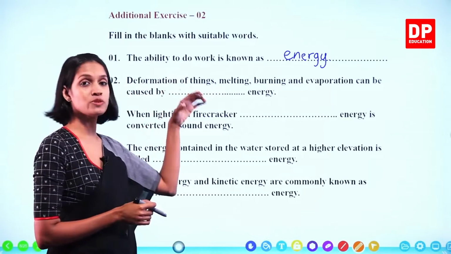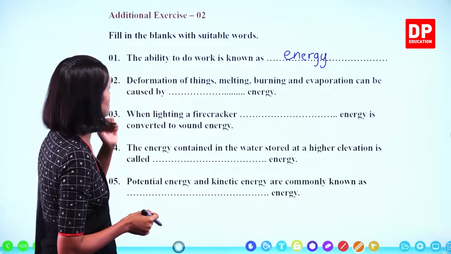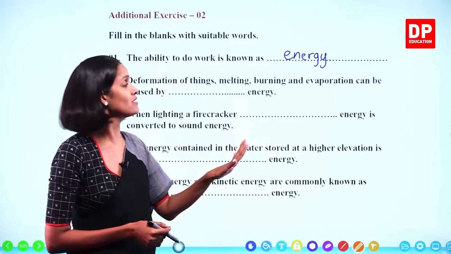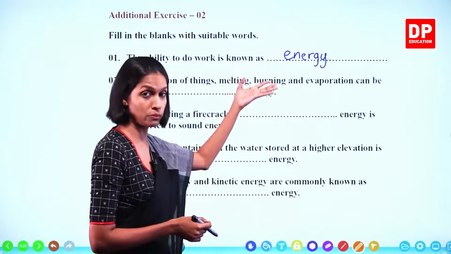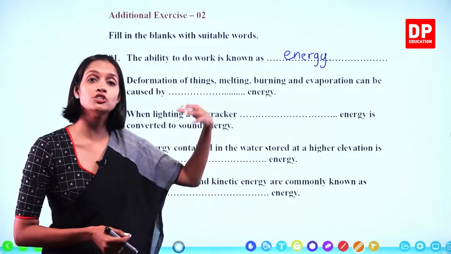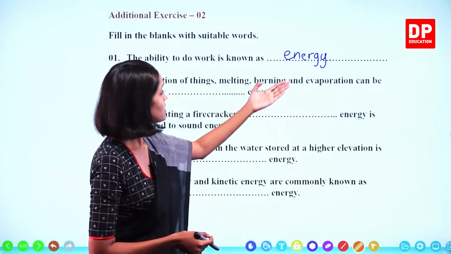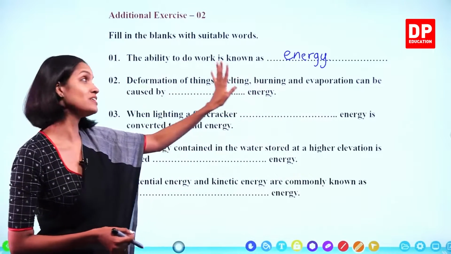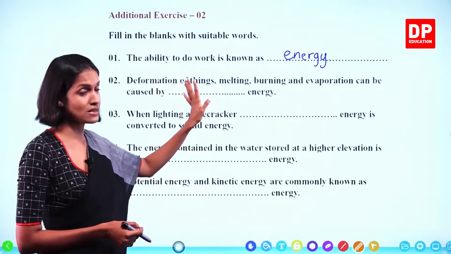Deformation of things, which means change in the shape of the things. Melting, which means solids turning into liquid. Burning or combustion, and evaporation, which means liquids turning into gas. Can be caused by what type of energy? Do you remember we did experiments to test this, children?